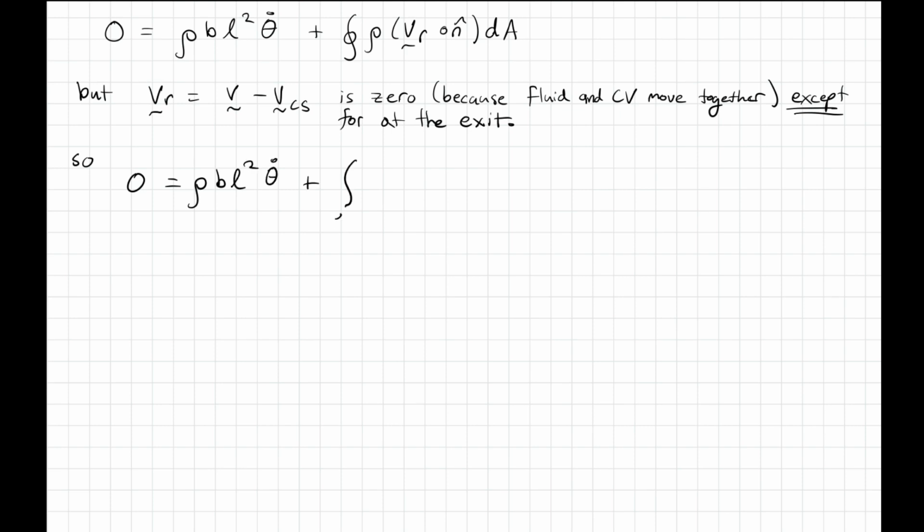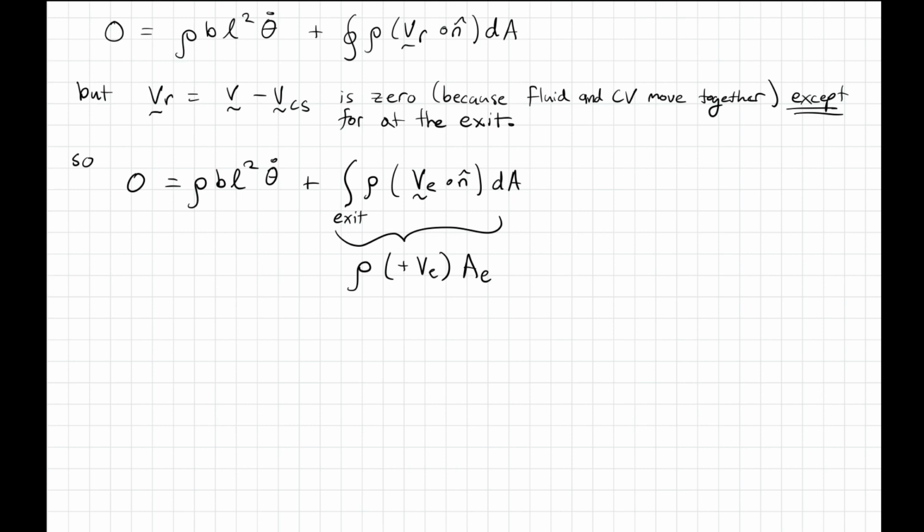Which is just at the exit. And in that case, you basically need to do the integral of rho times the exit velocity dotted with n times the surface area. In this case, the exit velocity is pointed in the same direction as the outward facing unit normal, so it gives you a positively signed velocity at the exit. And if you assume that the velocity is uniform over the exit, you don't actually need to do an integral here.